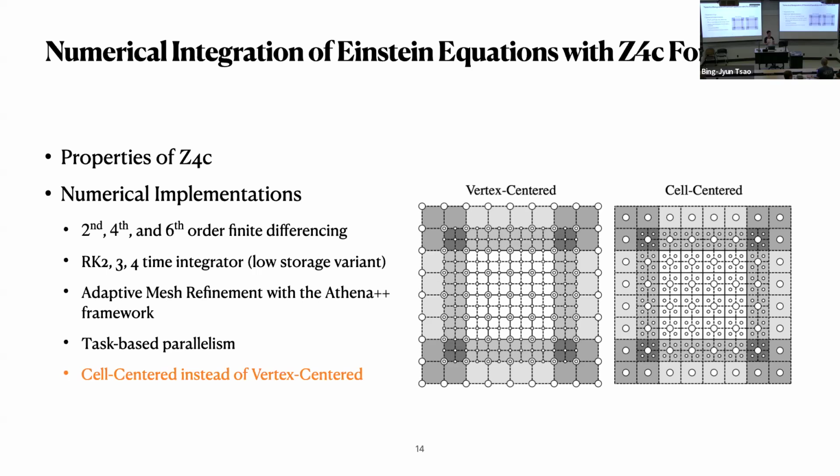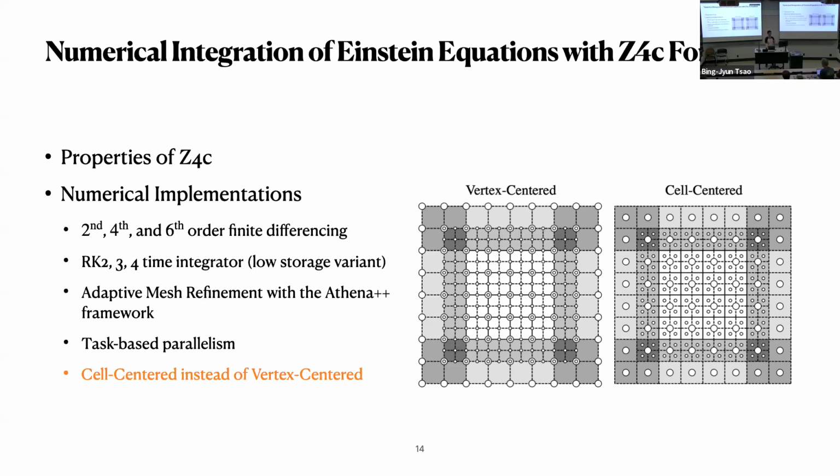For the fluid quantities, I understand why you want cell-centered, but for the space-time quantities, I understood that you found there is an advantage in having those be cell-centered as well. Oh, so just comparing vertex-centered and cell-centered for vacuum space-time alone, vertex-centered is the more optimal choice, because you have better symmetries in the interpolation stencils and you save on the number of operations.